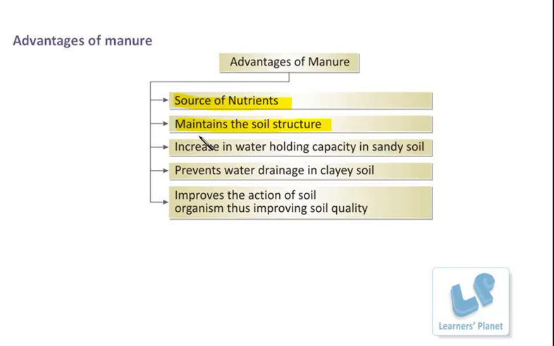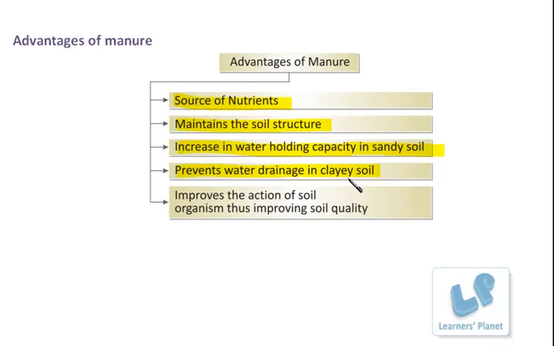This high amount of organic component actually increases the water holding capacity in the sandy soil. Besides this, it also prevents the water drainage in the clay soil.